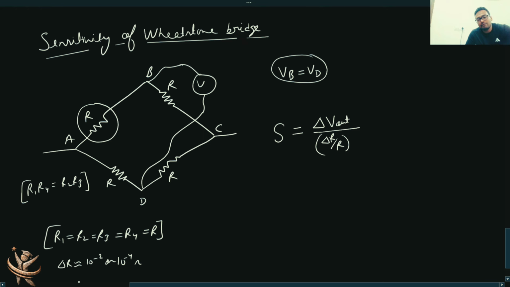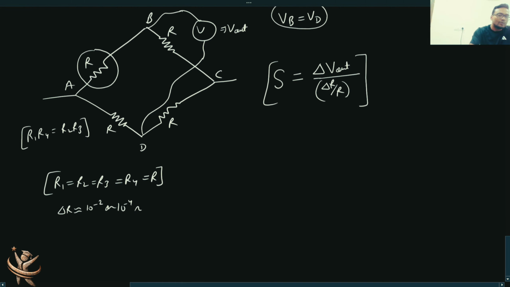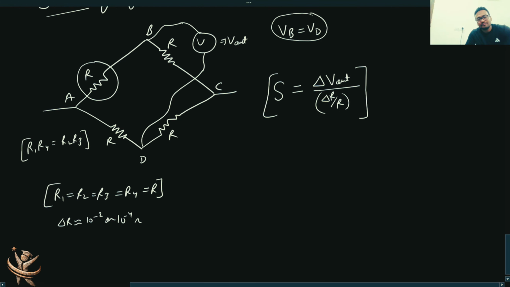But if you change any one of them, this gets deviated, and VB will not be equal to VD. Definitely there will be some potential difference measured by this voltmeter. That is actually given by V out. And what is this delta R by R? That is the fractional change in the resistor, right? So this formula I'll be using to find out the sensitivity of this Wheatstone bridge. How to calculate it? It's very easy.